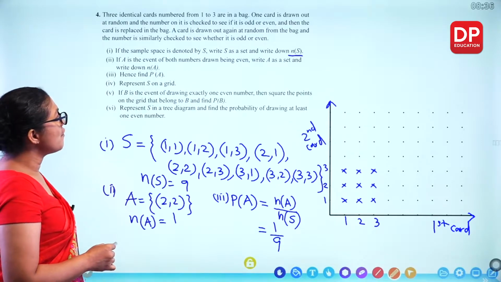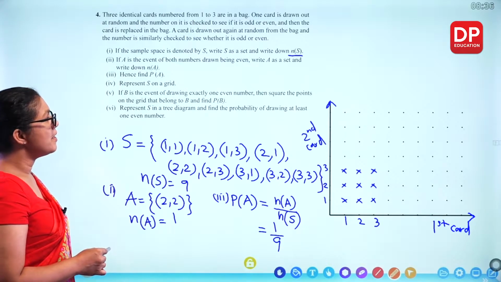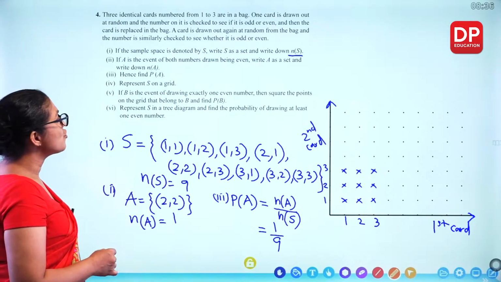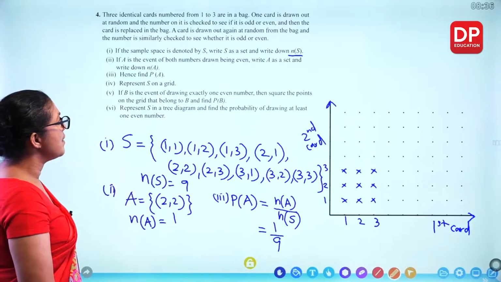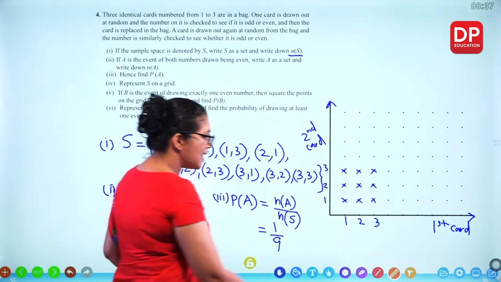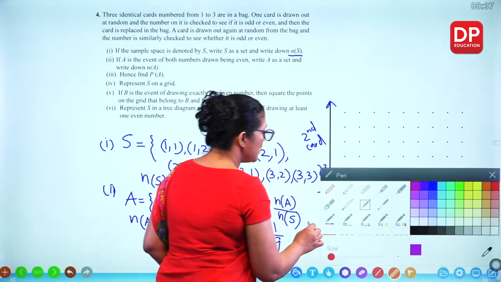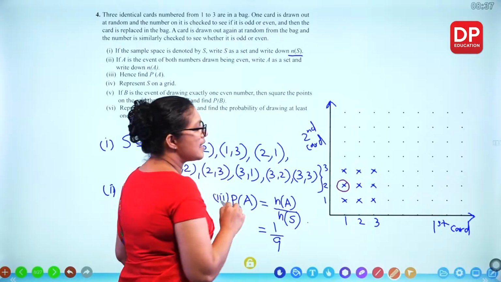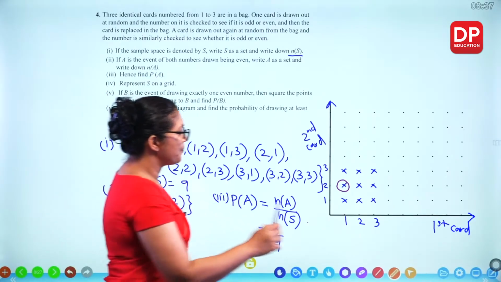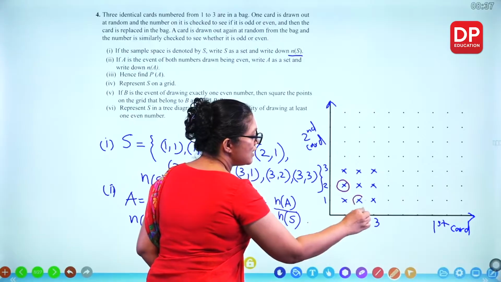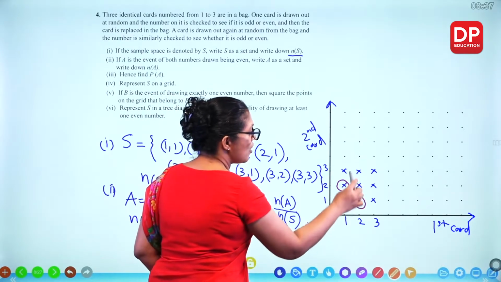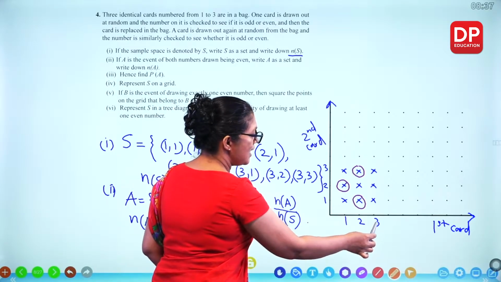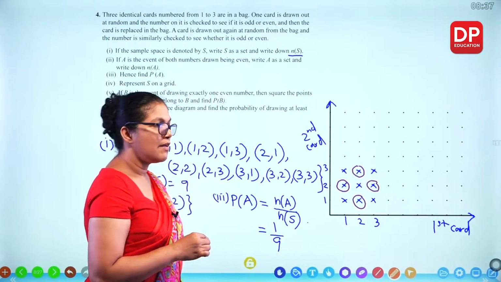Part 5. If B is the event of drawing exactly one even number, then square the points on the grid that belong to B and find probability of B. One even number. Now we'll see what numbers you are getting. If this is 1, so this one is one even number. If you take 2, this is one even number, and also this is one even number. If this is 3, 3 with 2 is one even number.